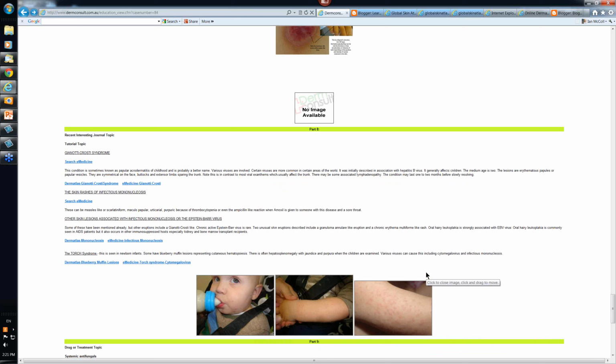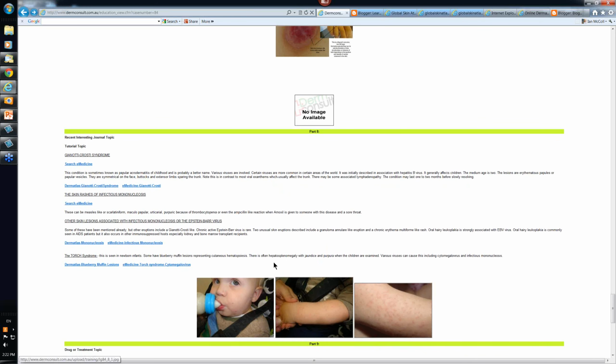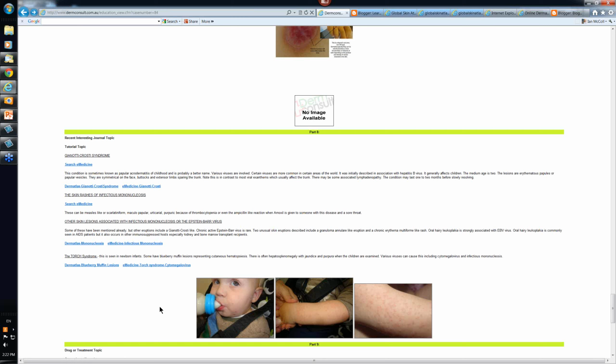But it's the location. The trunk's generally clear, and it can be a variety of viruses that can cause Gianotti-Crosti. But again, I'll show you a lot more images in the webinar, and we'll discuss a bit about the viruses that we see in this part of the world and whether we do any tests and how long it takes for it to in fact settle.